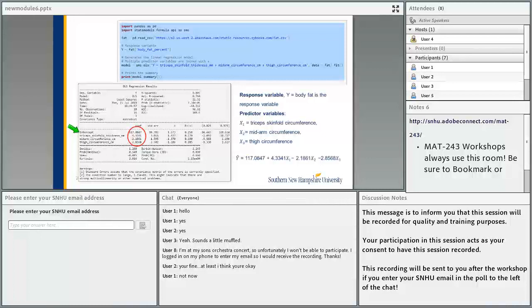So the first value is the intercept. That's your beta 0 or B0. And the remaining three values will be your regression parameters, the B1, B2, and B3.